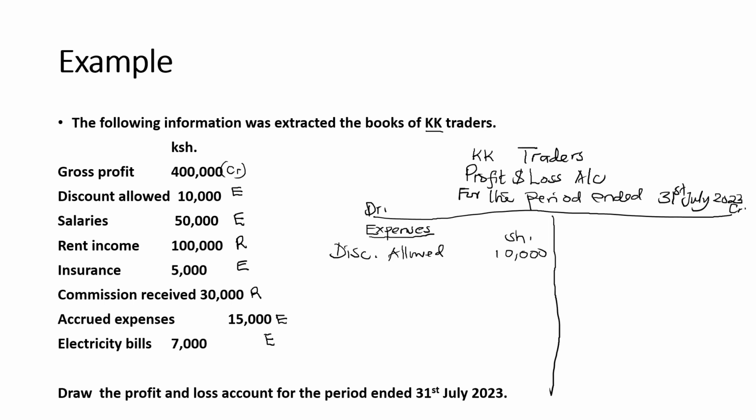Another expense we have there, salaries. How much is salaries? 50,000. Another expense we have, insurance. Insurance, how much? 5,000.